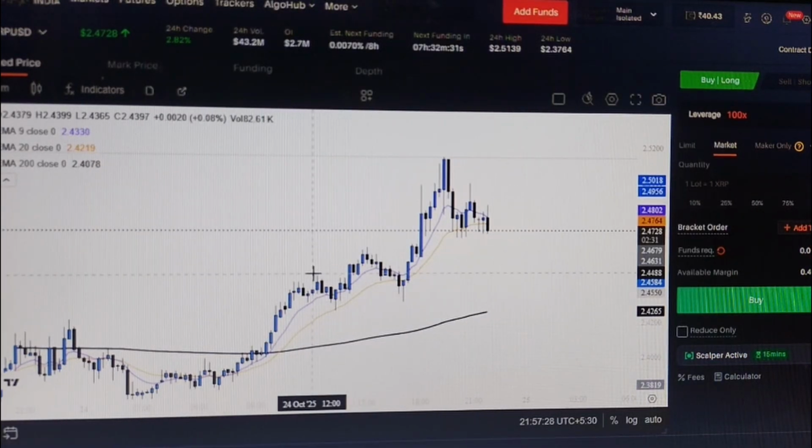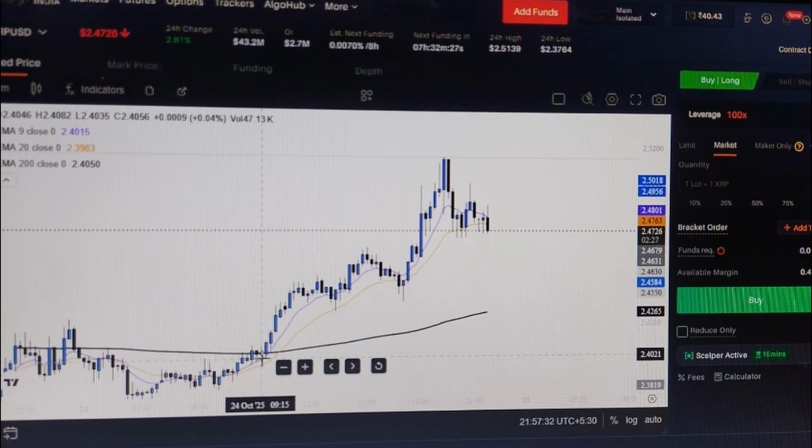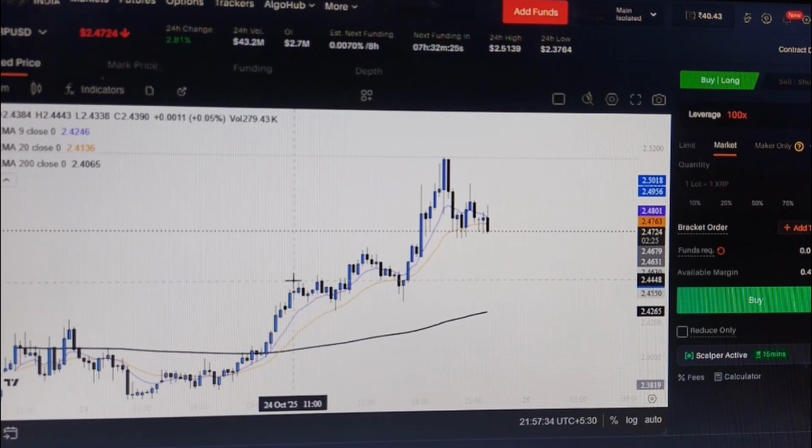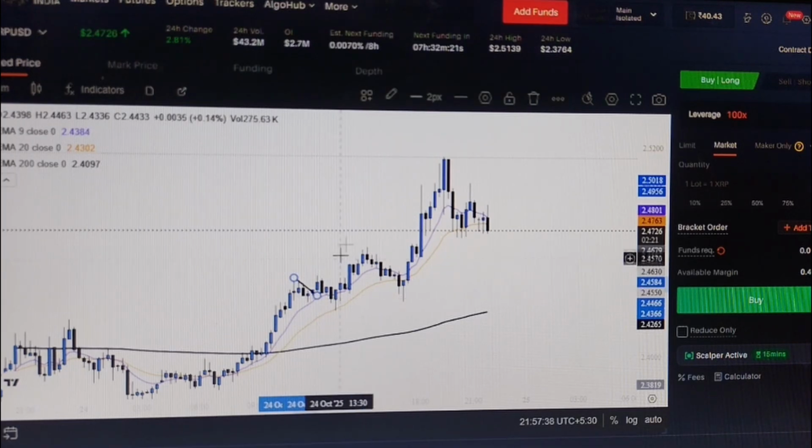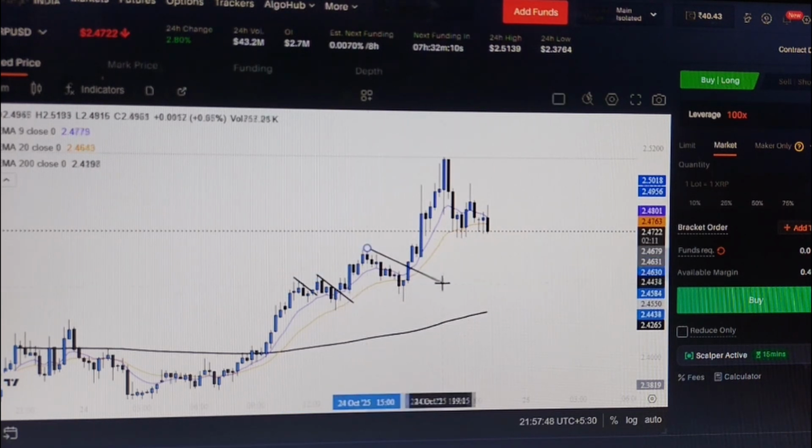Using lines. Over here, if you see, the price went up and then formed a trend line and then broke out again. Here it again formed a trend line and gave a breakout, and here it again formed a trend line and broke out.